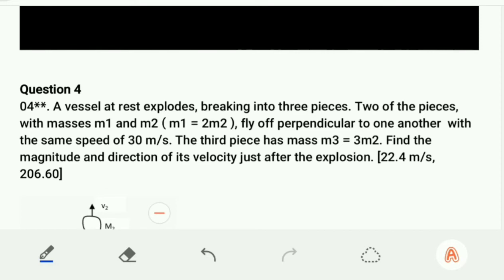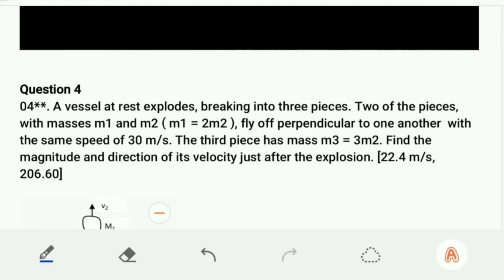We're being told that 2 of these pieces have masses m1 and m2, where m1 is twice m2, and they fly off at 90 degrees with each other with the same speed of 30 meters per second.